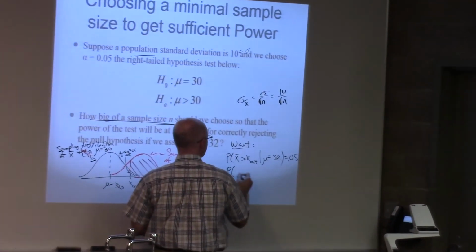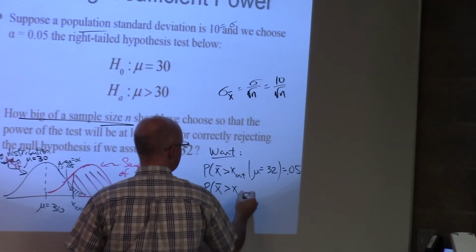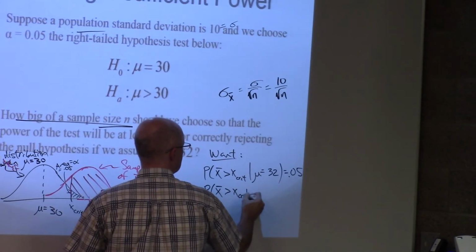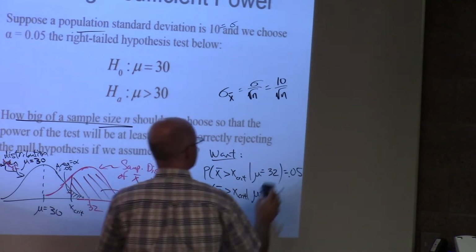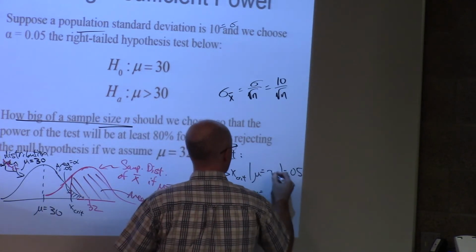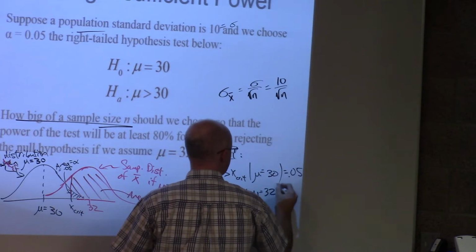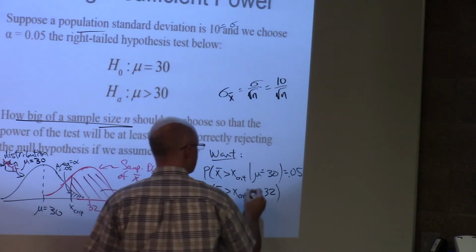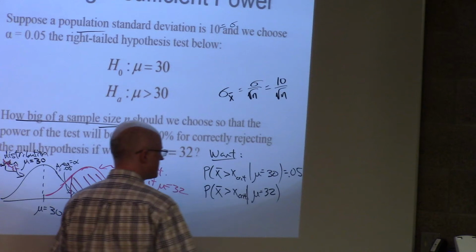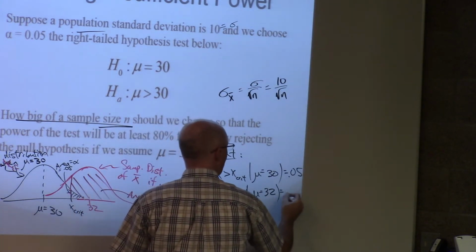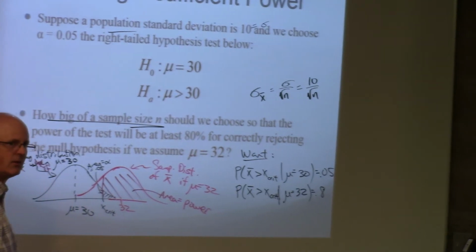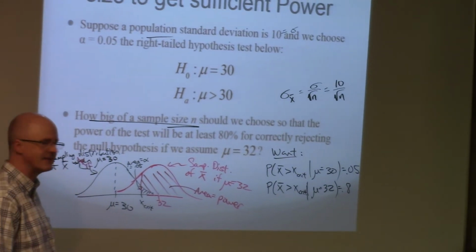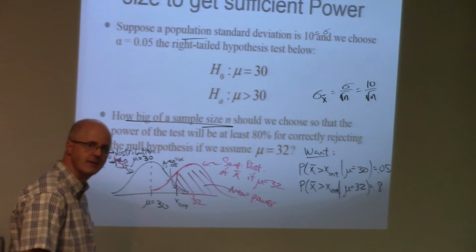And we want the probability of correctly being in the critical region when the alternative value, oops, there's a typo there, sorry, mu is 30 here, when the alternative value mu is 32 is true, this is conditional probability notation, we want that to be 0.8 at least. Choose a minimal n so that this happens. So that's at least 0.8, maybe higher.